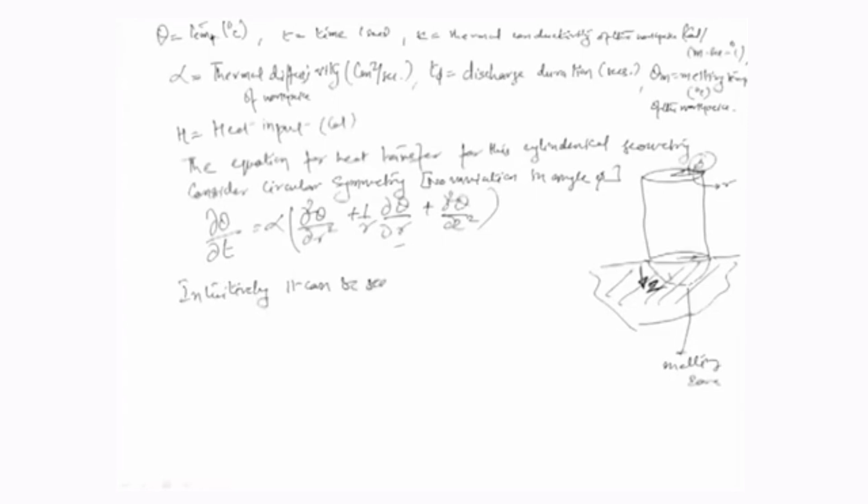it can be seen that the depth to which the melting temperature is reached would be maximum at the center, so that is considering that it produces a hemispherical crater.